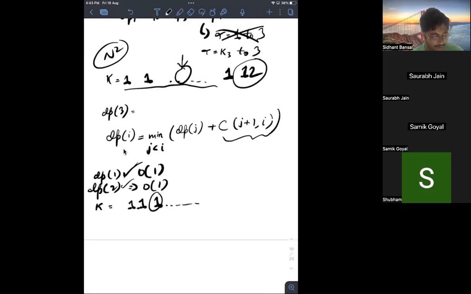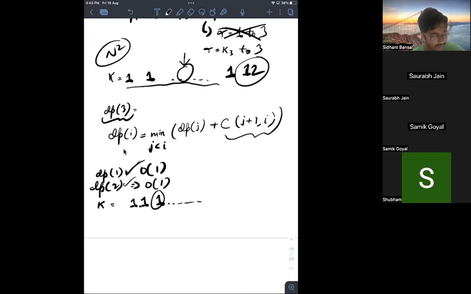If your K[3] is 1 and you know for a fact that K[3] is 1, then when you're calculating DP[3], you can just calculate it in O(1). You'll be like, DP[3] equals DP[1], because K[3] is 1, plus cost of 2 to 3. I don't even have to try other candidates because I already know what my K[3] is.